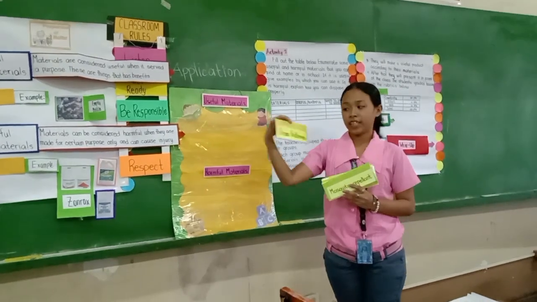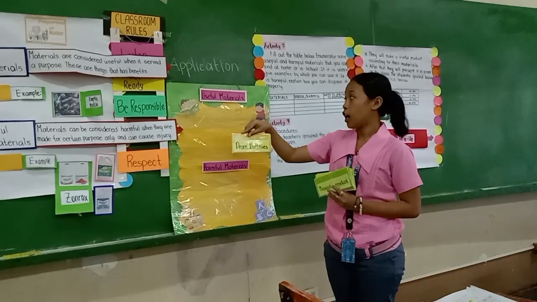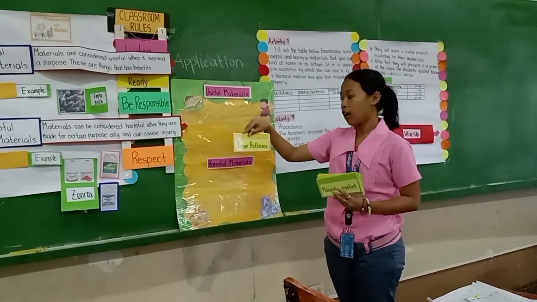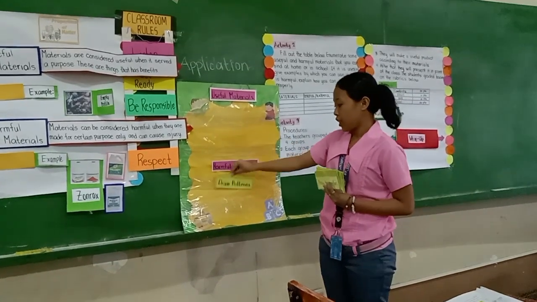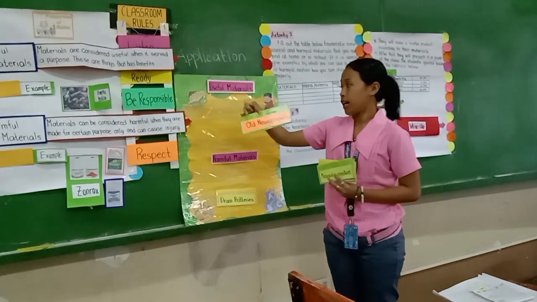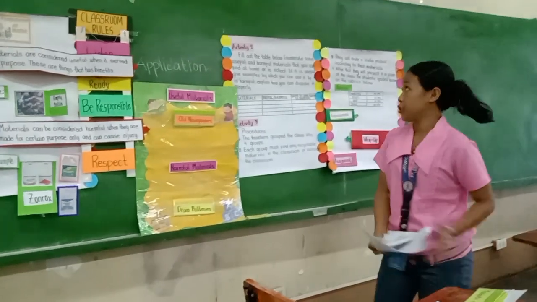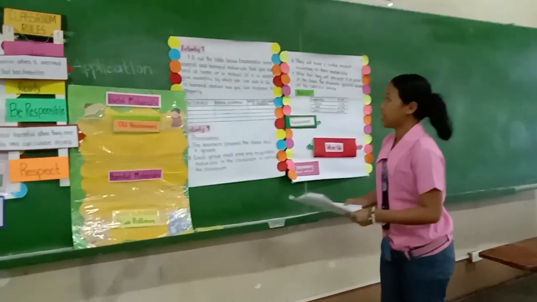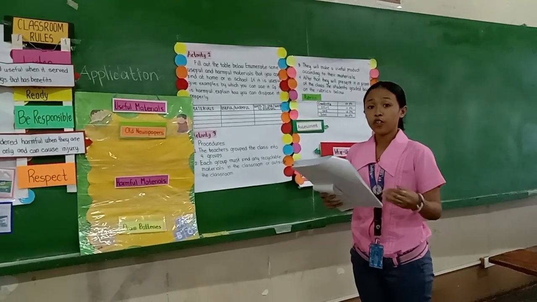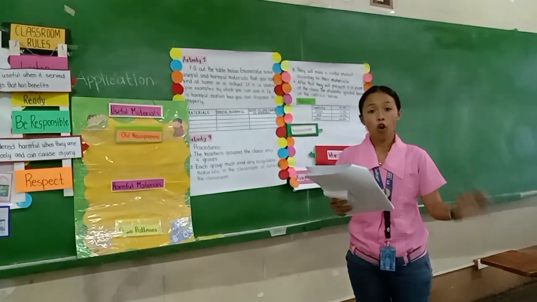For example, drained batteries are a harmful material, whereas an old newspaper can be a useful material. Now let's proceed to activity 2, which is filling the table, whereas the students enumerate some useful or harmful materials that can be found at home or in school.